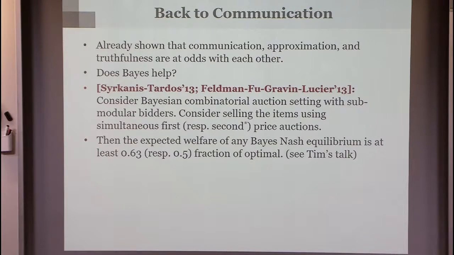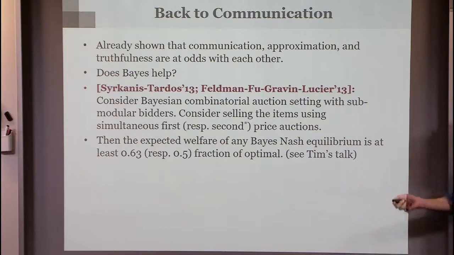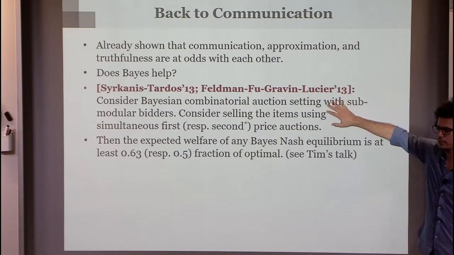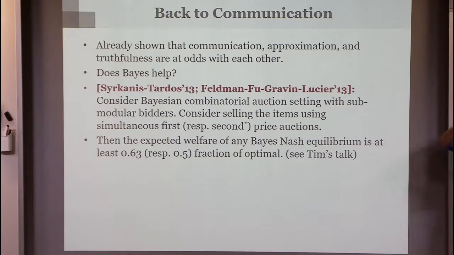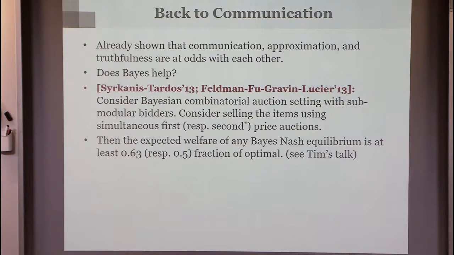The result is that in Bayes-Nash equilibrium, these auctions will give you a good fraction of the optimal revenue. So the Bayesian assumption helped here as well. So you got mechanisms that require minimal communication with the bidders and guarantee a constant fraction of the optimal revenue.